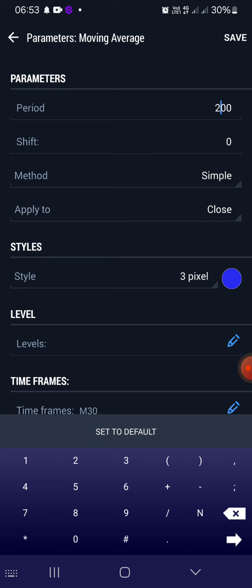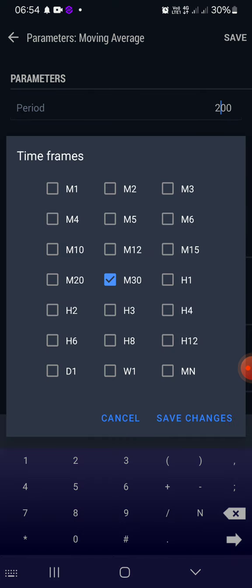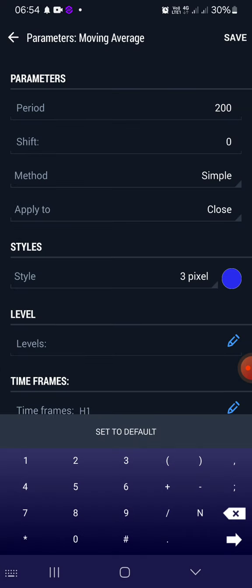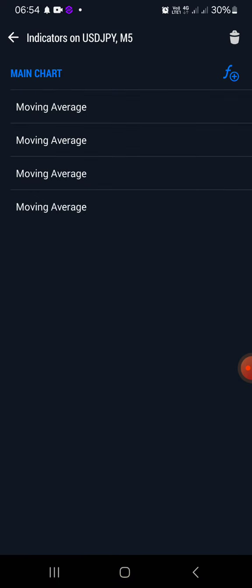The 200 moving average is a very good moving average to understand the bias in the market. So for us, even if we skip other time frames on the daily, 15-minute and 30-minute, we can still make use of 1 hour to get the direction of the market and take trades according to that. So I'm changing this to 1 hour, then I'll save it.